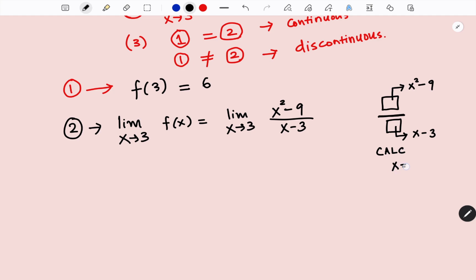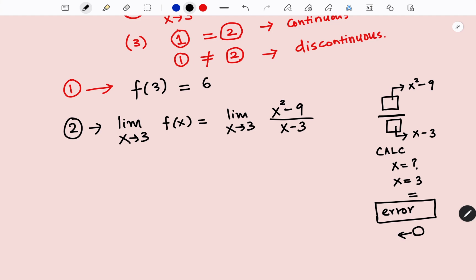The calculator will ask you x equals question mark, so you put x is equal to 3 and press the equal sign. If you get a math error, then you need to do the simplification. If there is no math error and you get the answer, then you can write it directly in the solution.